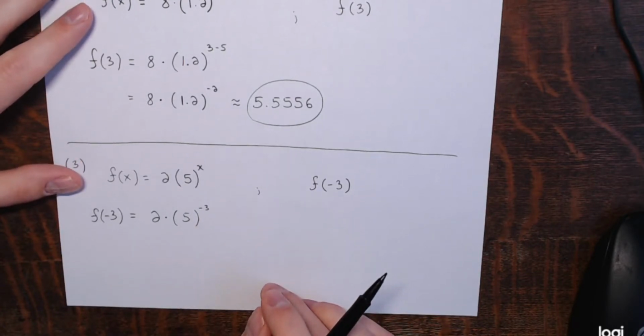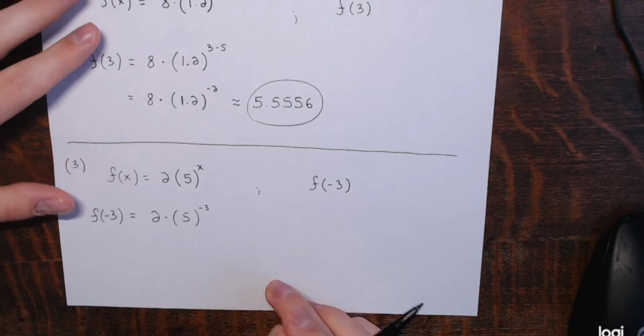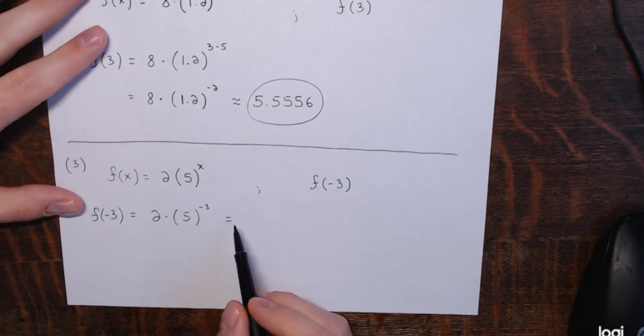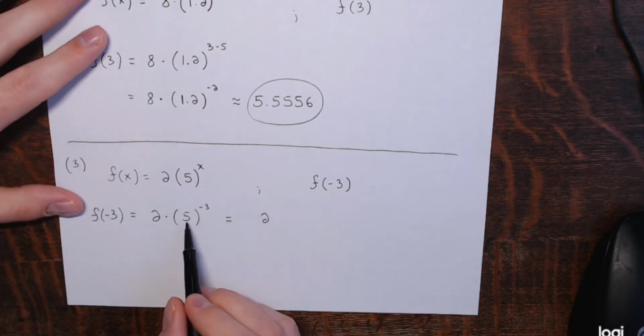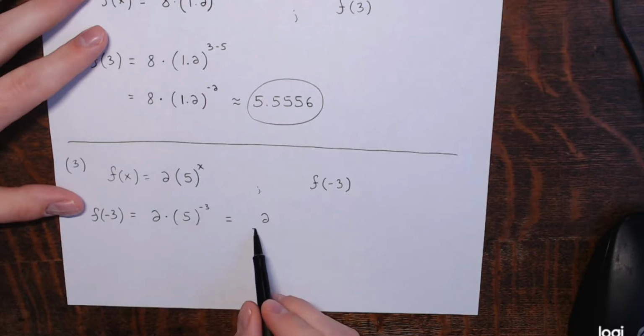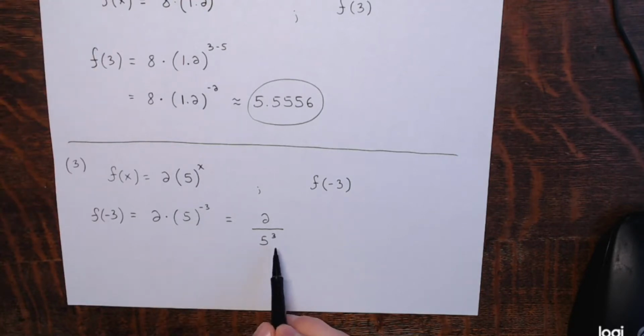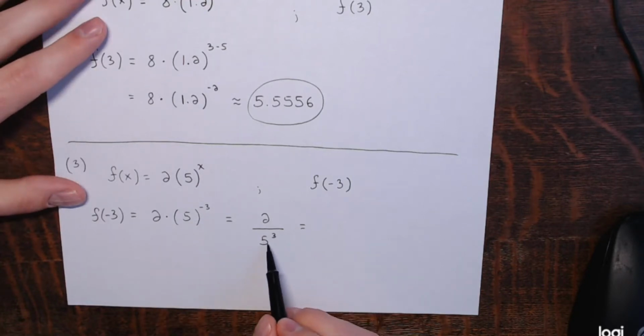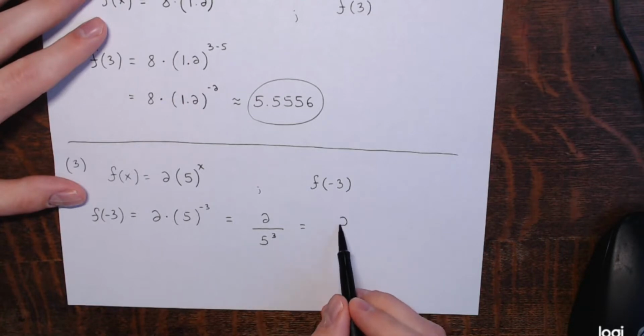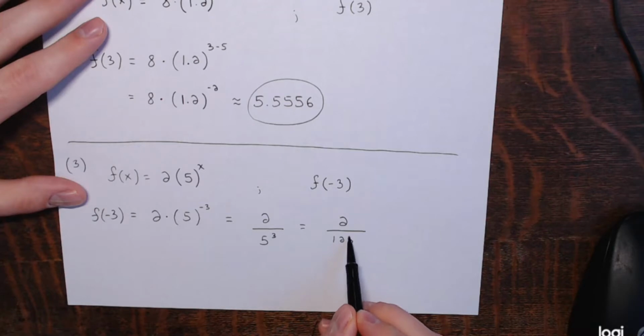Now I can do this one by hand. I don't need a calculator for this. This is 2 times, and remember, 5 to the negative 3 is 1 over 5 to the positive 3. Remember that negative powers are just the reciprocals of positive powers. And 5 to the positive 3, 5 times 5 times 5, is 125. So this is 2 over 125.